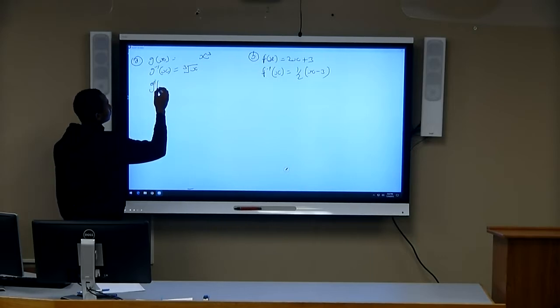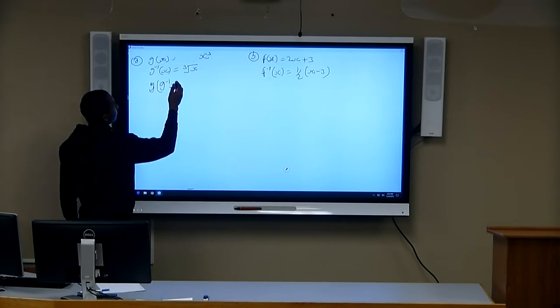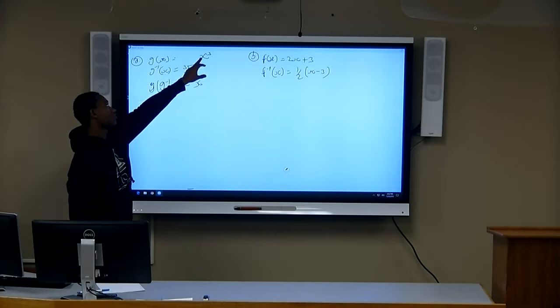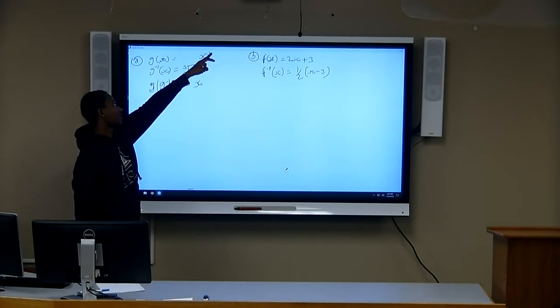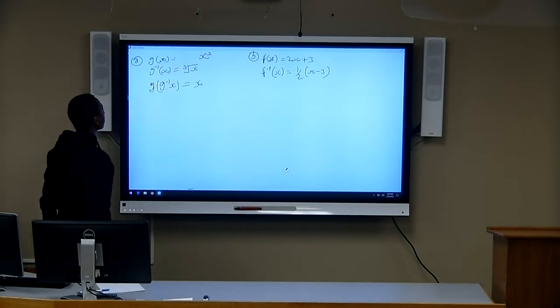G circle g inverse of x should be equal to x. For this thing to be true, it should be x cubed instead of the square root of x.